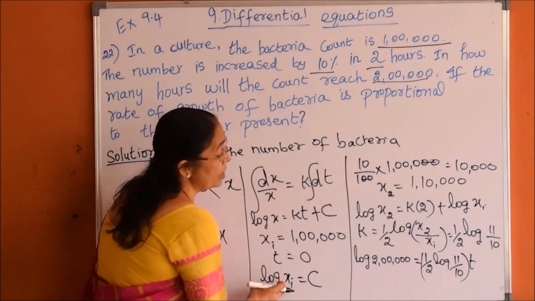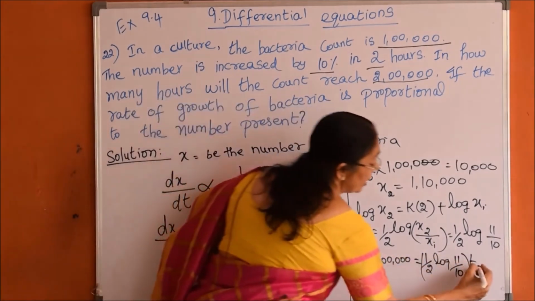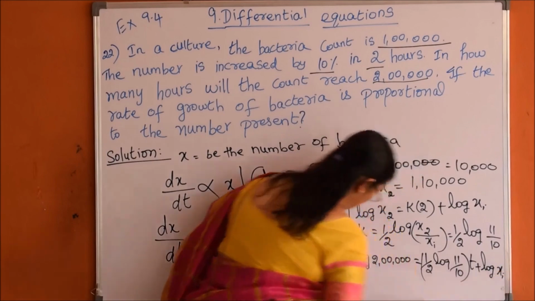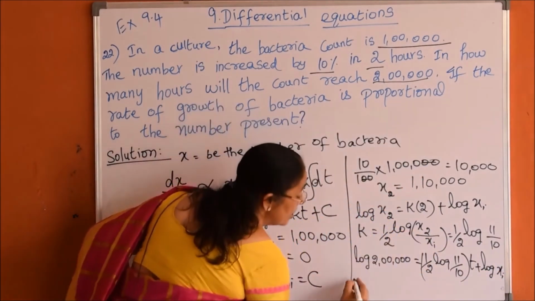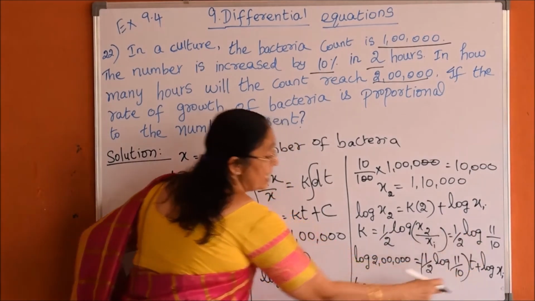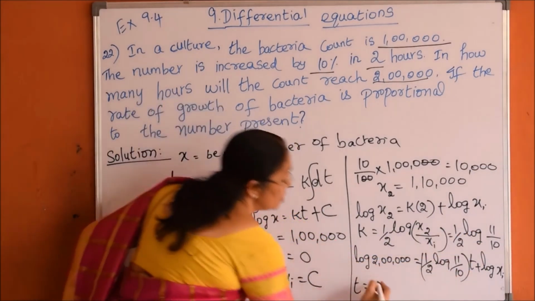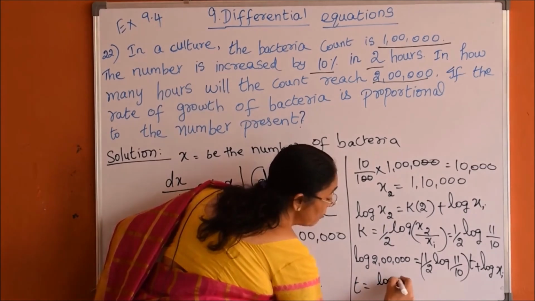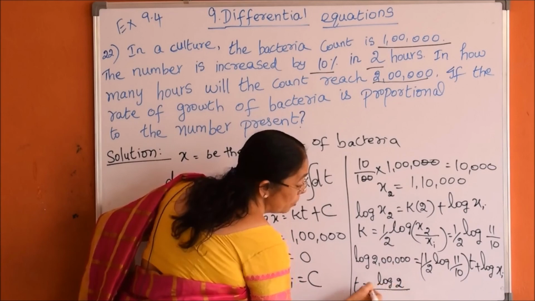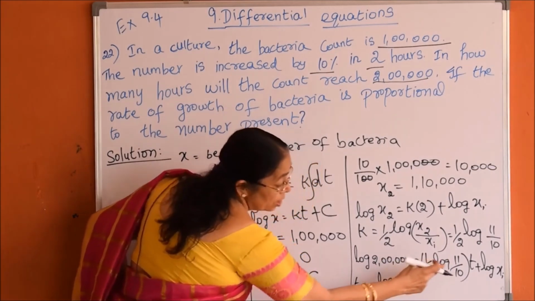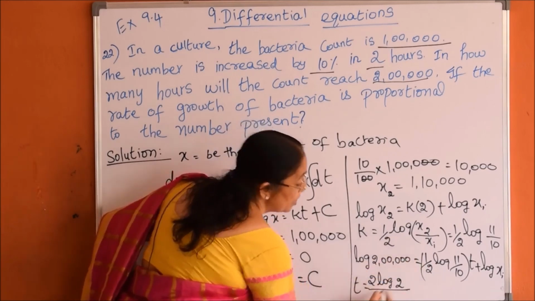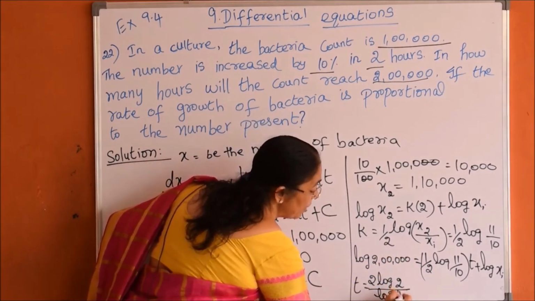It is log xi, which is the initial one, nothing but log of 1 lakh. So, from this, t is nothing but log 2 lakhs minus log 1 lakh, which is log 2 by 1, log 2, and this will come as the denominator. T is equal to 2 log 2 divided by log 11 by 10.